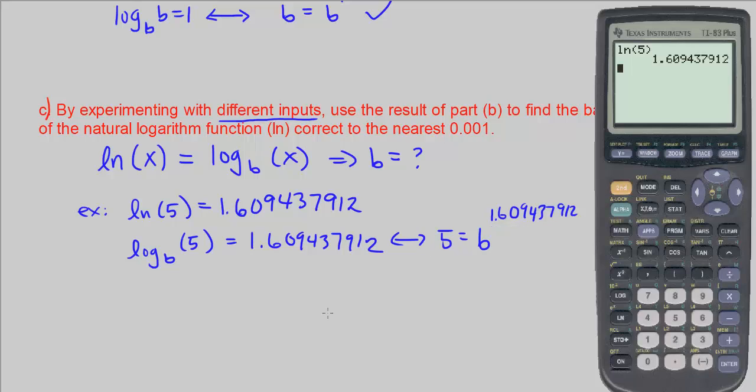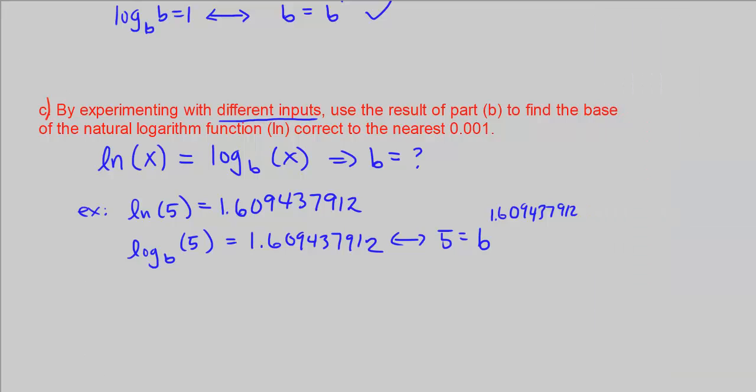So how do we go ahead and solve for b given this information, right? Well, you're going to want to cancel this exponent somehow. So what you can do is take both sides to the reciprocal of that number. 1 over 1.609437912, and take 5 to that same power.